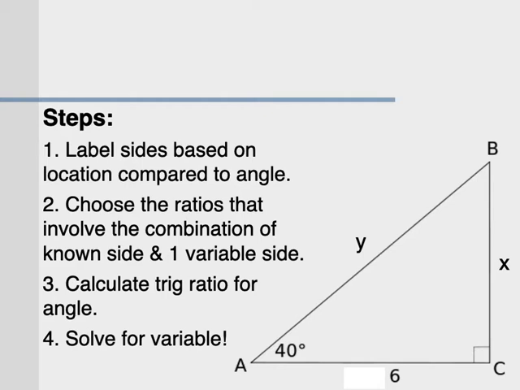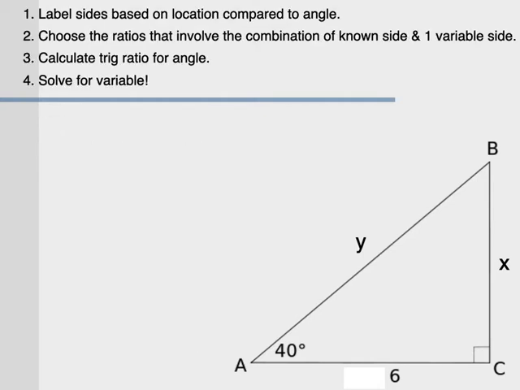Now, let's see these steps in action. The steps are still there, just smaller. So step 1 is to label each side based on the location compared to your starting angle. Now, your starting angle in these problems will always be the one angle you know besides the right angle. So the one angle with a number in it, mark that as your starting angle. Go ahead and mark 40 as your starting angle.